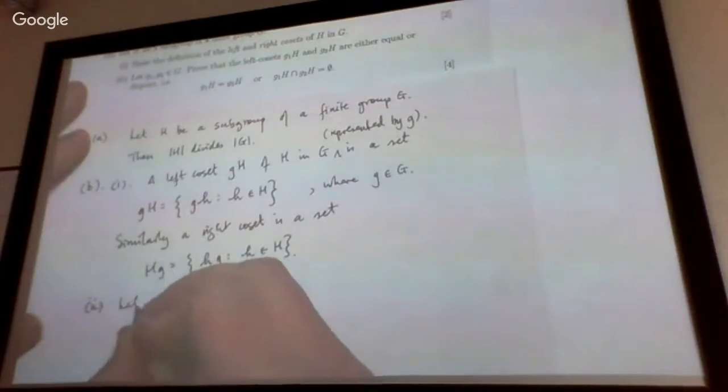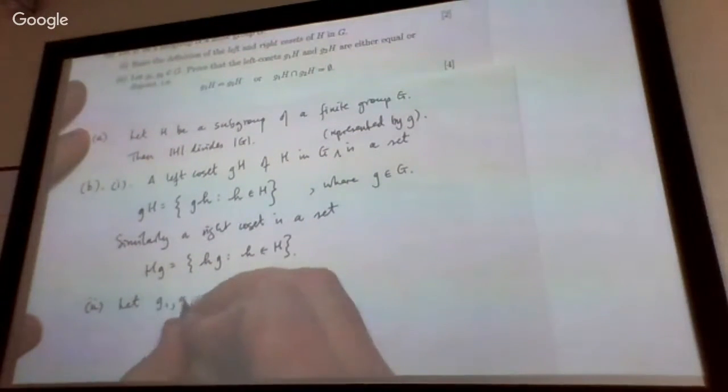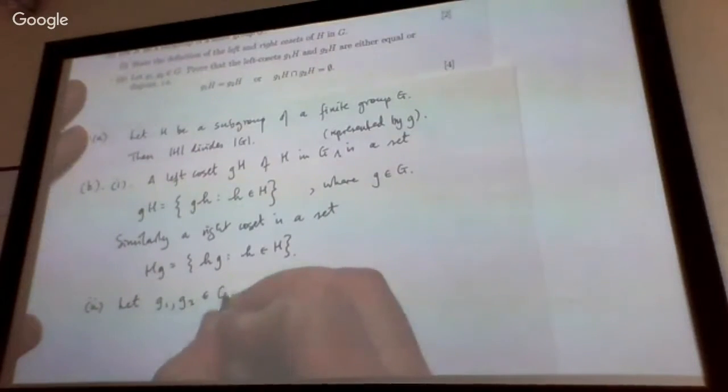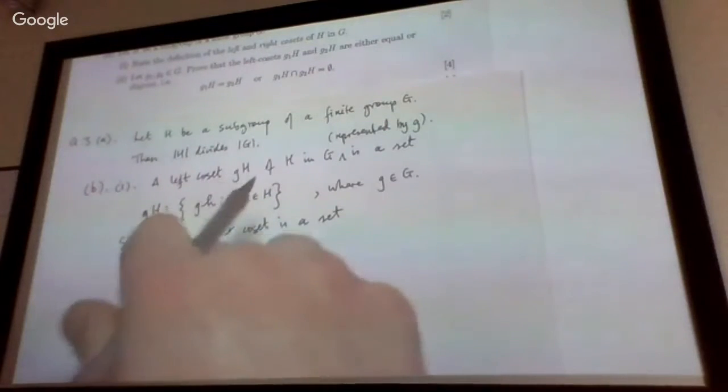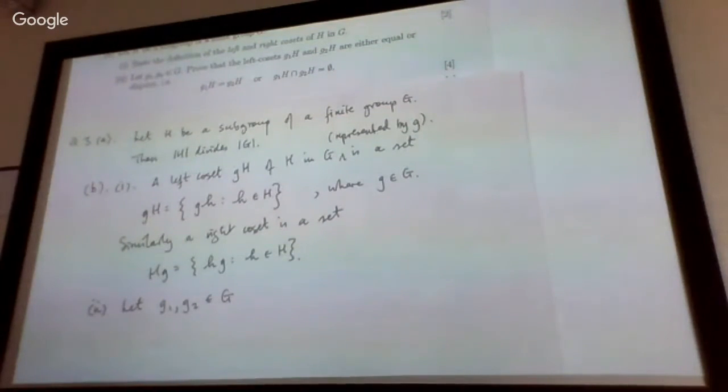So we let g1 and g2 be elements of G, and prove that they're either the same or disjoint. In the picture you have in your mind of the group G partitioned by the cosets, this is the key part in proving that the different subsets in the partition don't overlap. They're either exactly the same subset, you've just chosen two different representatives of the same coset, or they're disjoint.